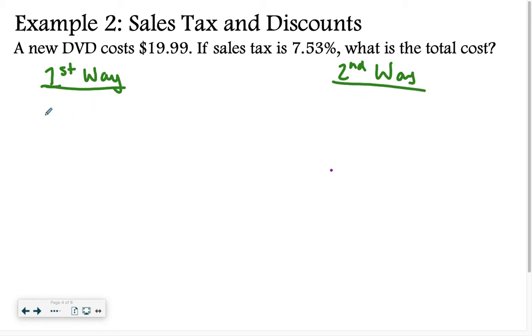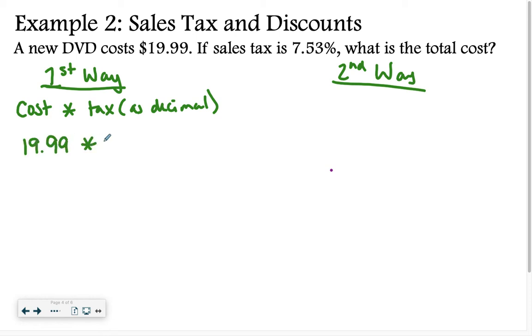So the first way is you take the cost times the tax as decimal. So that means I'm going to say $19.99 times 7.53%. Remember, I still need to convert that to a decimal.